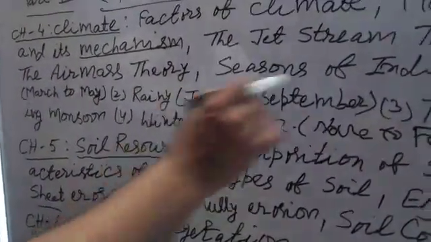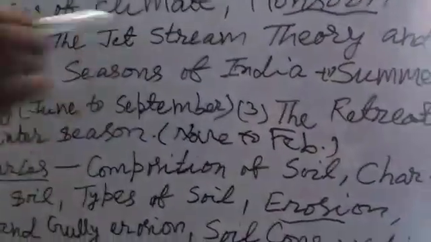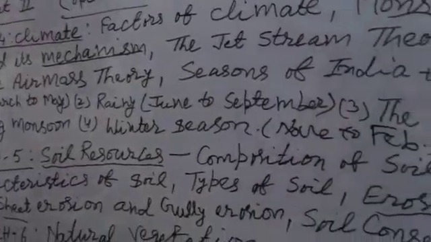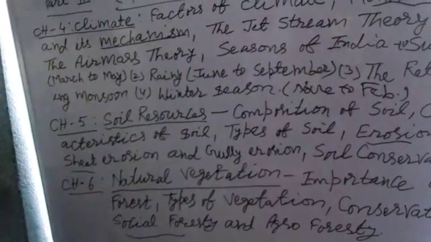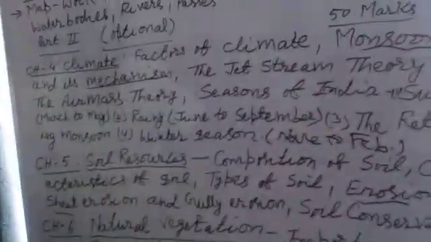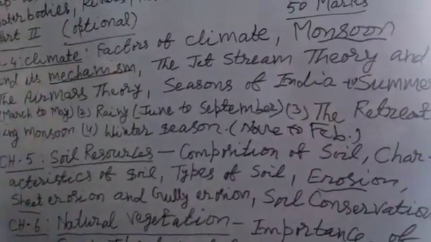Next, seasons of India. There are 4 distinct seasons found in India: summer season, rainy season, the retreating monsoon and the winter season. The summer season develops from March to May. In this season, the wind blows from sea to land.